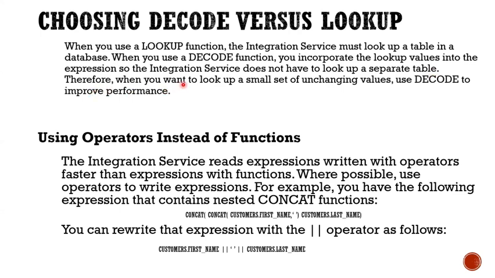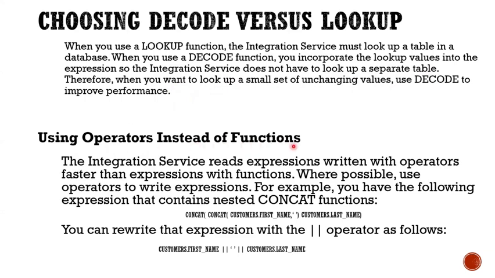Therefore, when you want to look up a small set of unchanging values, use decode to improve performance. Decode is better for that lookup. But everything depends on the situation, so you just cross-check that. But from an optimization perspective, you can use that function as well.